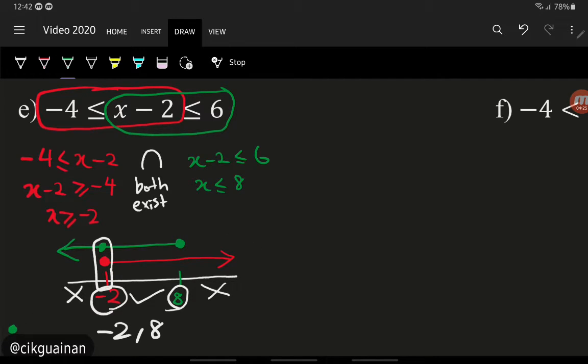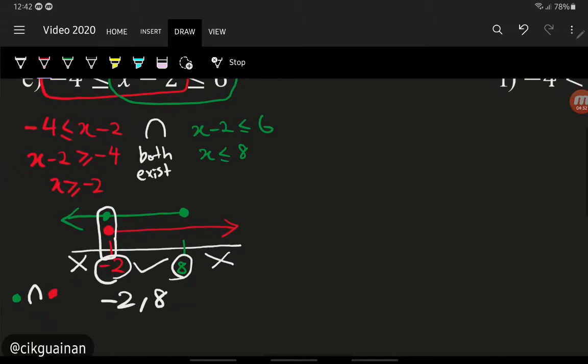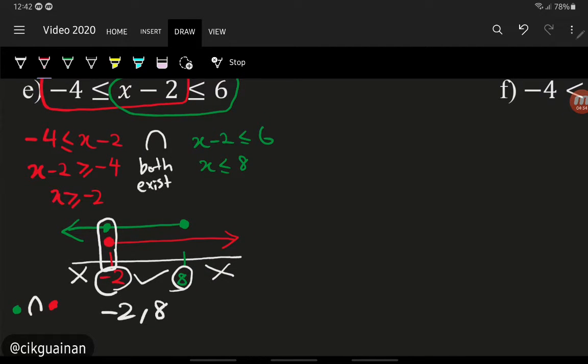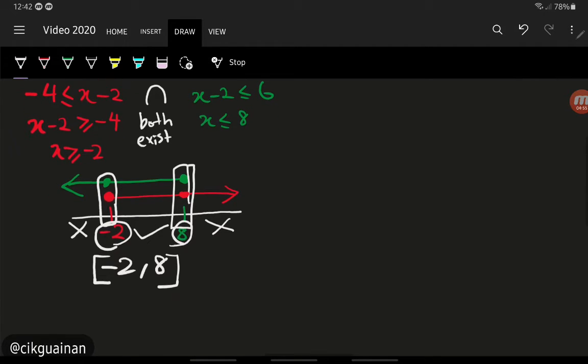A dense circle intersect with a dense circle equals a dense circle, and then we use this bracket. Next we look at 8. The intersection between the green dense circle and red dense circle is the same thing, so we have this bracket. So this is the interval.